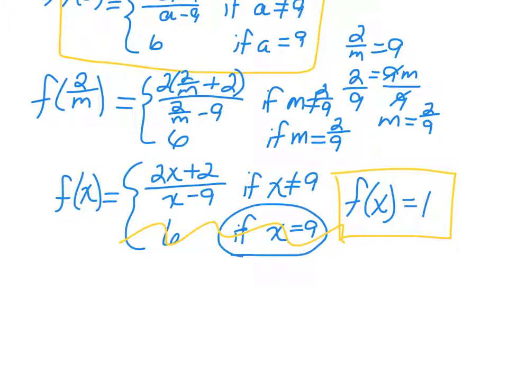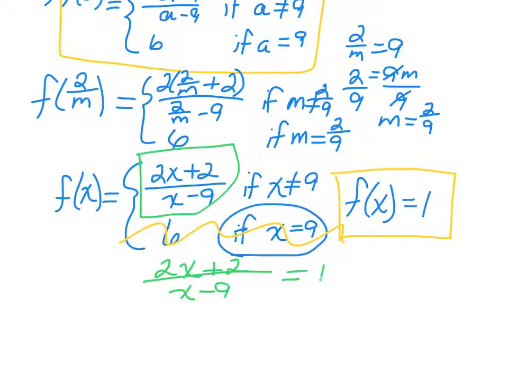And that means that we'll be using this rule, because we're looking for a value of the function where that function value, which would be following the rule 2x plus 2, is equal to 1.